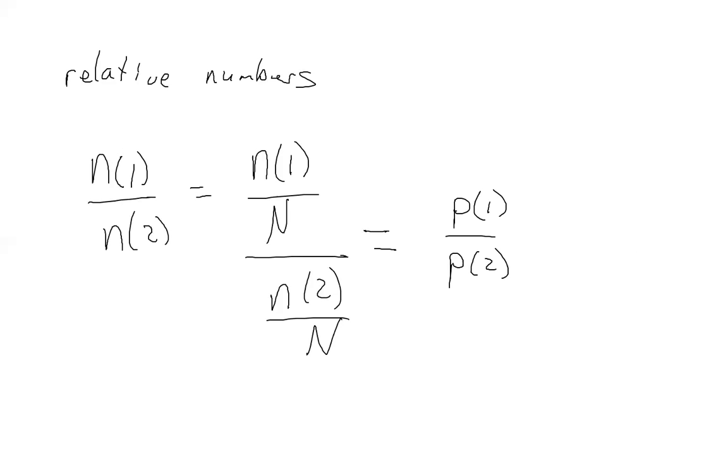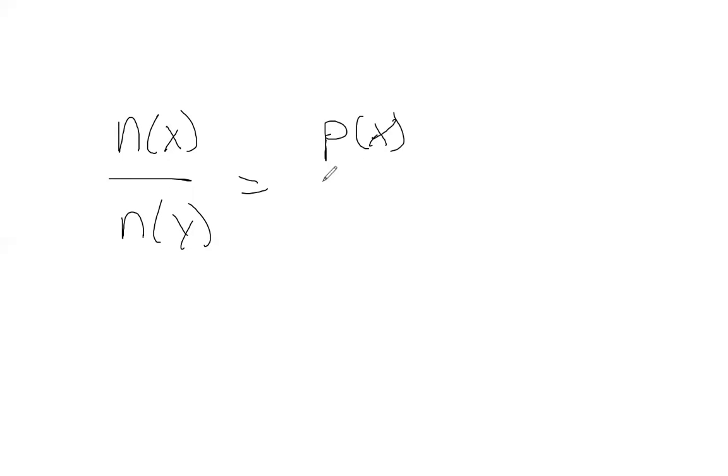More generally, for any two values, the number of times x occurs compared to the number of times y occurs is simply the probability of x divided by the probability of y. So that was something I should have thrown in when we were looking at discrete random variables. I just forgot to. It doesn't really make sense to put it here, but I wanted to get it out there somewhere.